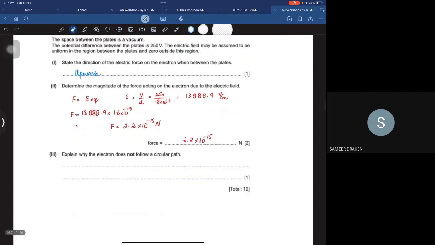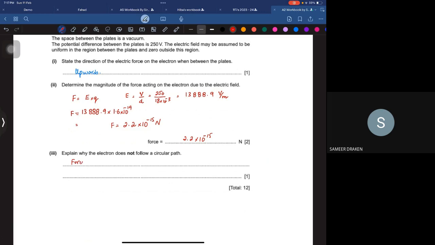So we would say that actually it doesn't go in a circular path because the force is perpendicular.